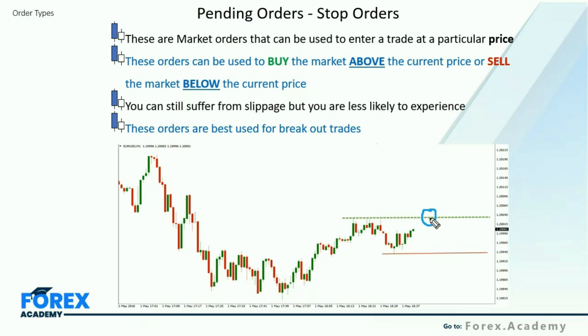And if price gets up to that level, then we'll be in this market looking to push prices to the upside. That is a buy stop order. So what I might do is place this in here for you. This is a buy stop order at that green line.